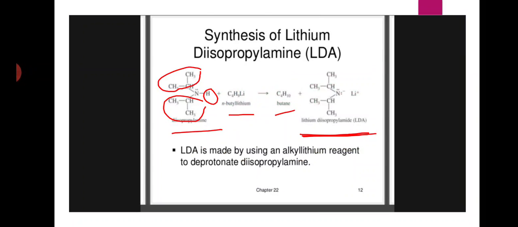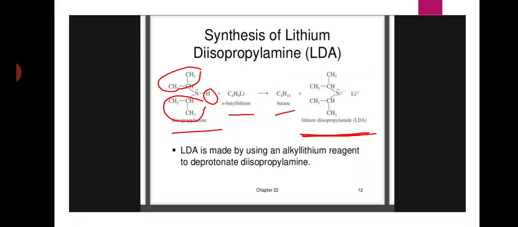Next is synthesis of lithium diisopropylamide, LDA. Here, diisopropylamine reacts with n-butyllithium to form butane and lithium diisopropylamide.